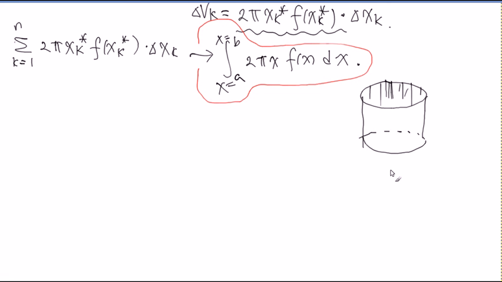And then this distance in here is x. Does anybody remember the meaning of 2 pi x? That's the circumference, right? So 2 pi x is the circumference of the bottom. f(x) was the height. Remember that? So what does that represent? 2 pi x, the bottom circumference, times f(x).